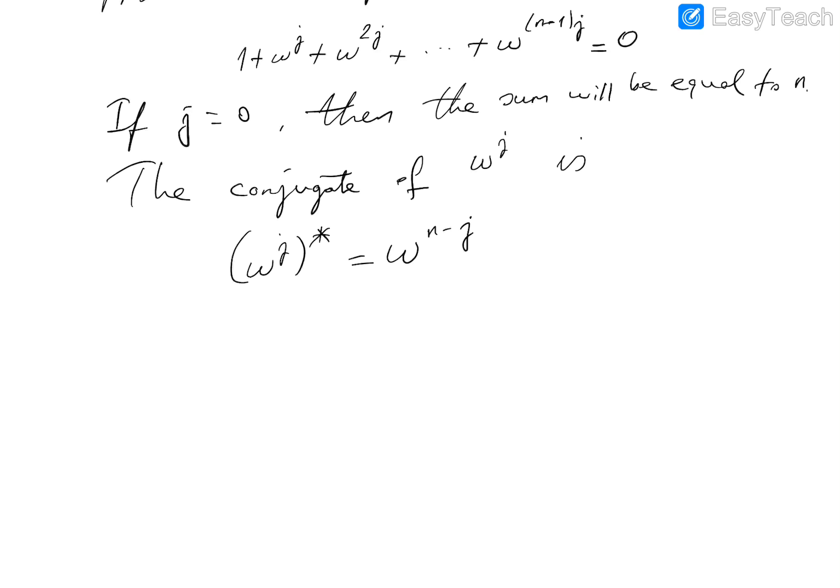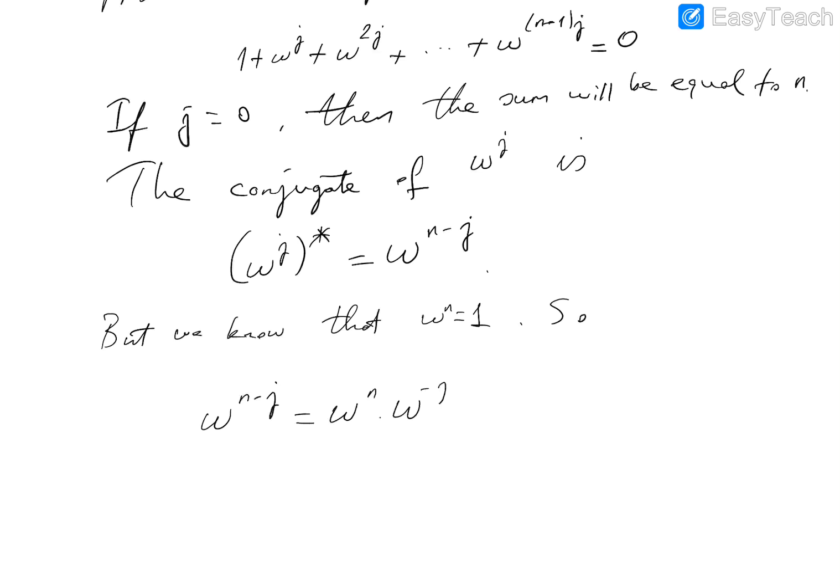Right? Okay, so, but we know that omega to the n is equal to 1. So then we have omega to the n minus j, that is the complex conjugate of omega to the power j, is equal to omega to the power n minus j, and this is equal to, please separate the exponents, omega to the power n times omega to the minus j.